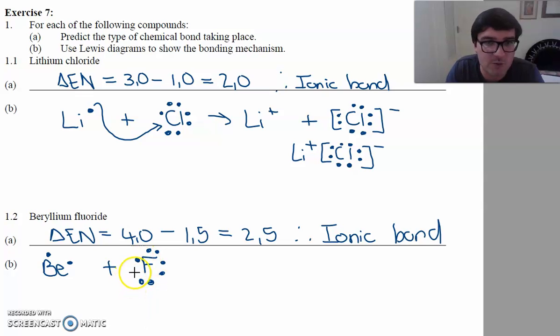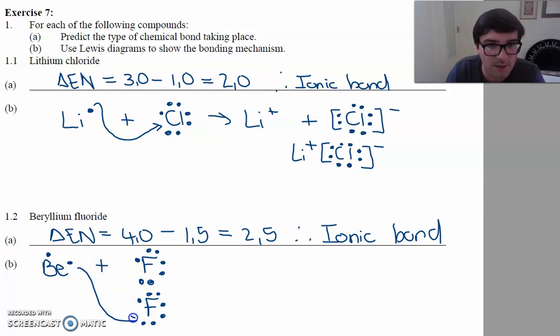So that's my first one. Now you can either write a 2 in front here, or you could just repeat the ion below. This is why it's sometimes better to have the 2 atoms that you're indicating, because it's easier to indicate the transfer of the electrons.